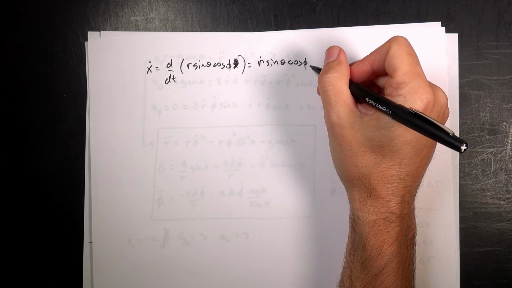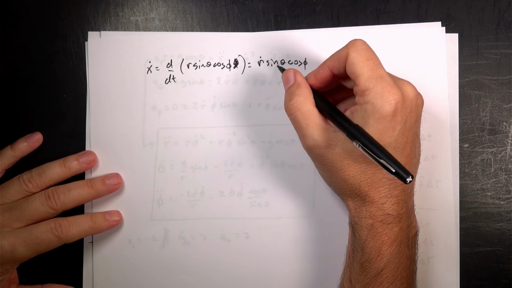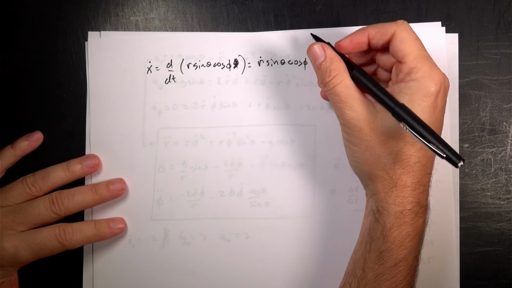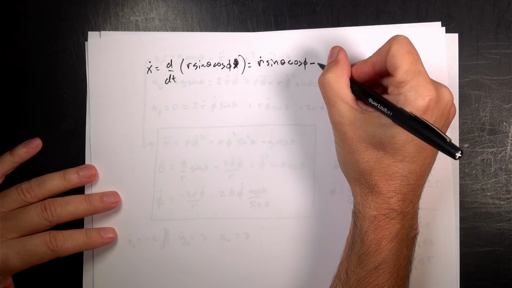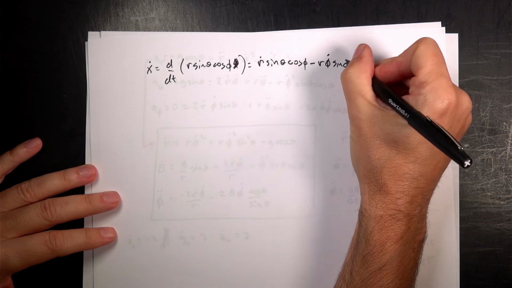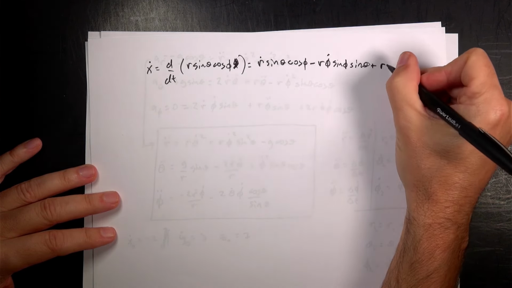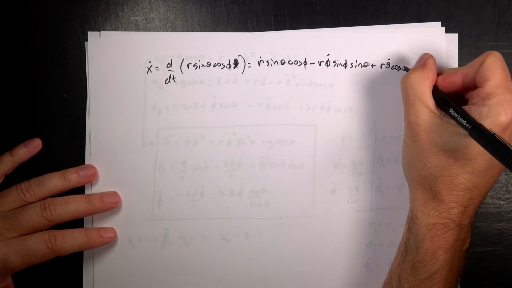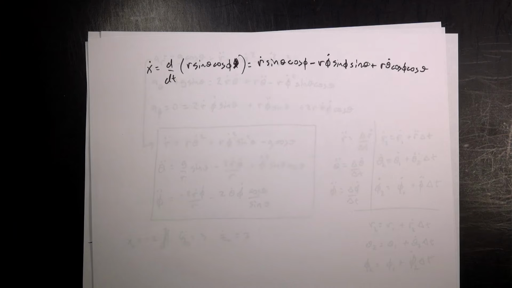Oh, I wrote it backwards. That's fine. I'm not sure why I wrote it backwards. Okay, well, I'm going to write it in the order I did it before so I don't make a mistake. Minus r phi dot sine phi sine theta plus r theta dot cosine phi cosine theta.